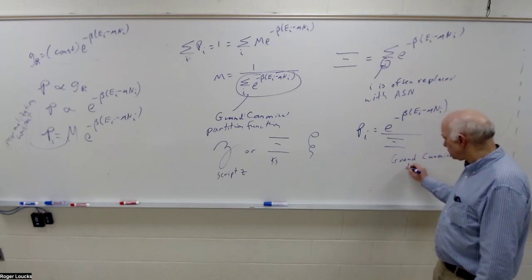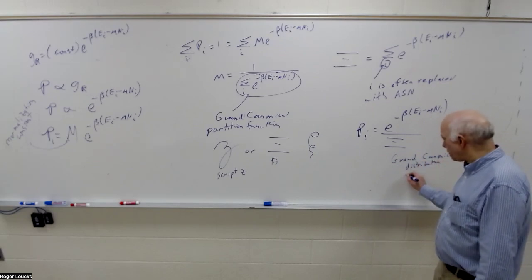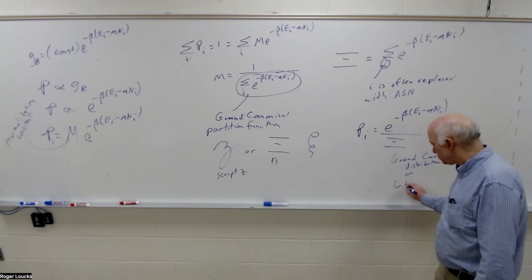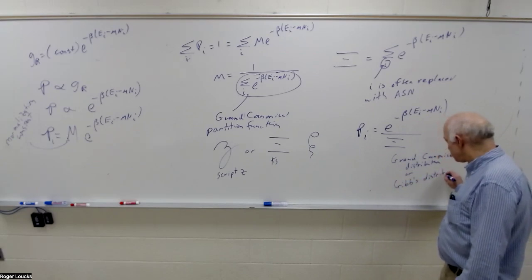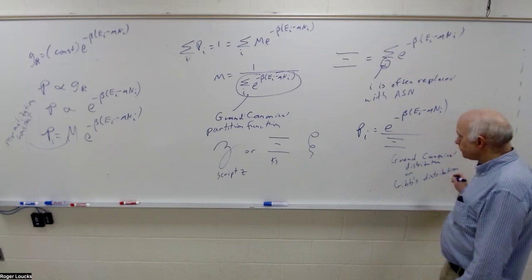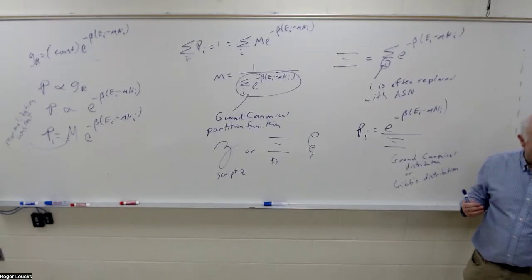Well, I'll say distribution. Or the Gibbs distribution. Now, any questions to that? One thing we're going to be interested in is looking at the average number of particles in a state.